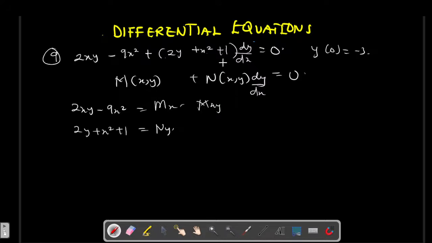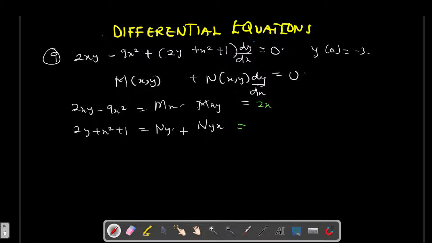Then N, the one attached to your differential, is always differentiated with respect to x, like opposite, so here I'll find N_x. Differentiating this expression with respect to y, negative 9x squared becomes 0 because it is treated as a constant. And 2xy with respect to y gives 2x, because differentiating y gives 1 and it is left with 2x.